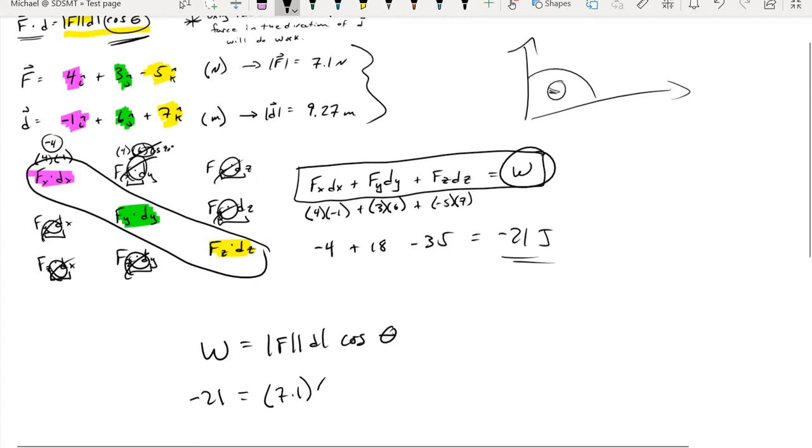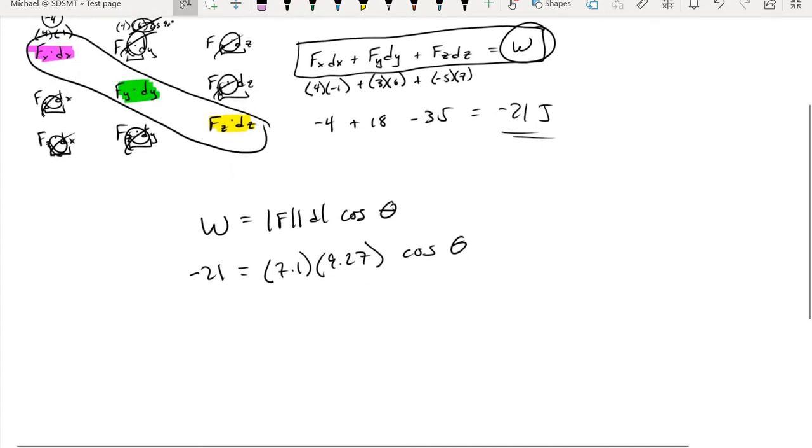We have 7.1, 9.27, cosine of theta. Theta is the only thing that we don't know now. We have -21 over 7.1, 9.27 equals cosine theta.